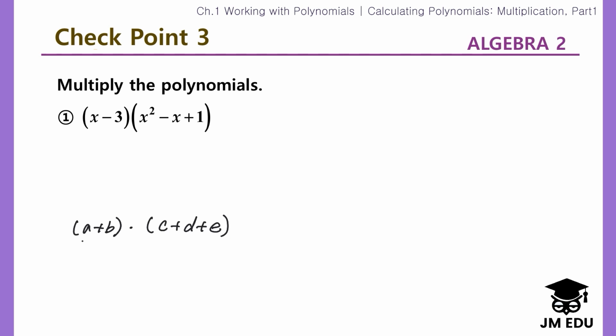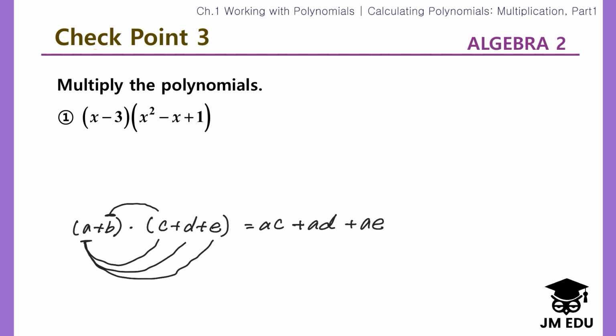Starting from a times c, that's ac. a times d, that's ad. a times e, that's ae. b times c, that's bc. Now b times d, bd. b times e, that's be.